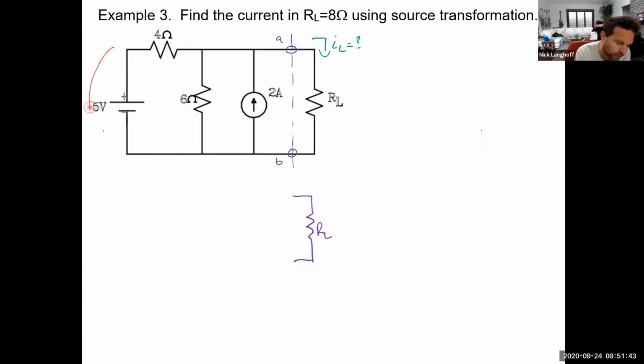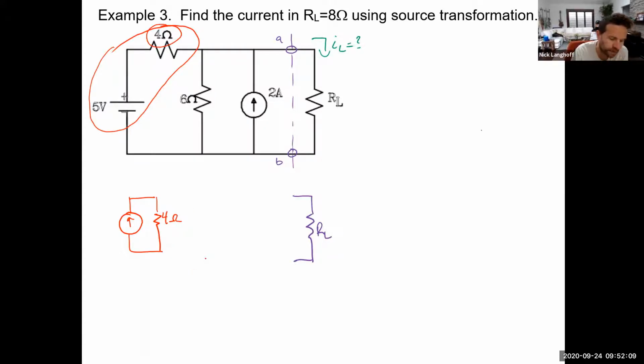First thing I'm going to do is, look at this. There's a voltage source in series with a resistor. Let's transform that. So I'm going to transform that into a current source in parallel with a resistor. Okay, the resistor's value was 4 ohms, so that's straightforward to do. There's a 4 ohm resistor right there.